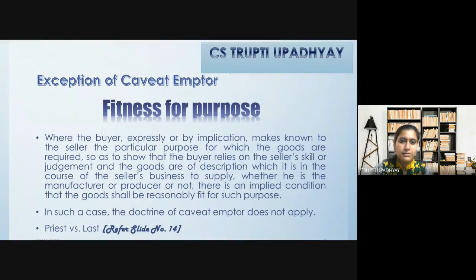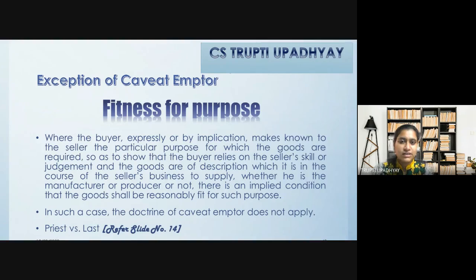Fitness for purpose. Here, the conditions are that the purpose for which the buyer is buying those goods is disclosed to the seller, the buyer relies on the knowledge, skill, and judgment of the seller, and the selling of those goods is a normal business activity of the seller.